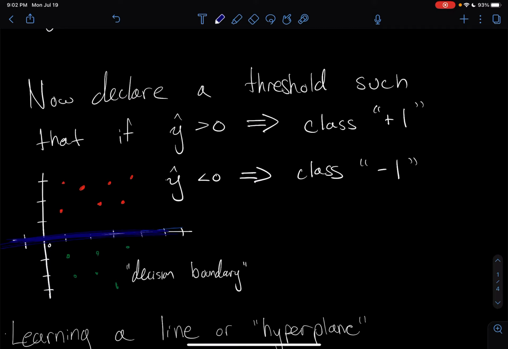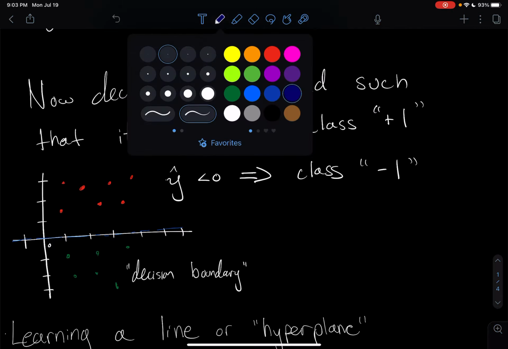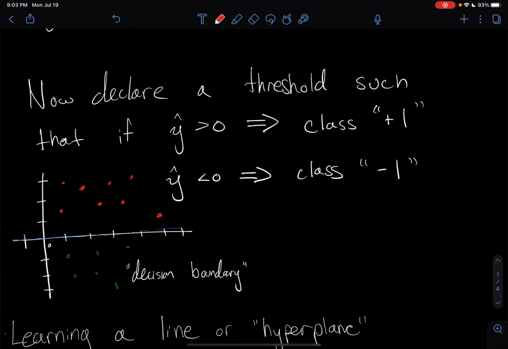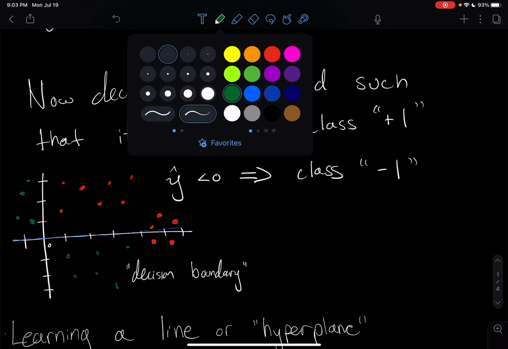Let's go back a little bit. Depending on how your algorithm works, your regularization parameters, and what your data looks like, this example I drew with the red and green looks really simple, but you could have a lot more complex data. Let's add some more points in here, something down here, and a little bit of green over in this region too. Now you might have a decision boundary that doesn't look as clean as this.